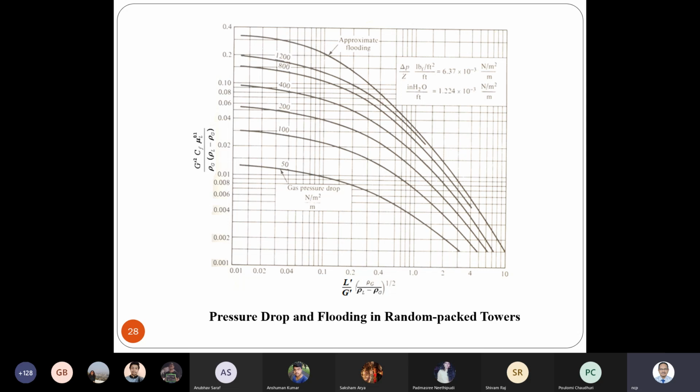So I mentioned before, the design of any of these towers, tray tower or packed tower, means we have to find out the length and diameter of the tower, right? So length is generally determined, in case of tray towers, as we have seen, by finding out the number of ideal trays, and then knowing the efficiency, we can find out the number of real trays required, right?